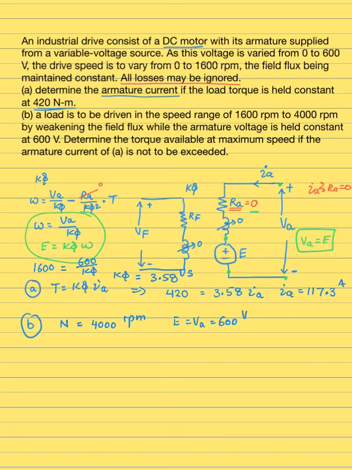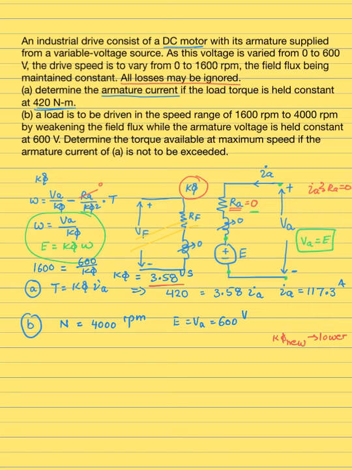Once you make any change on this part, on the field side, the change you will observe is going to be for K phi. So you're going to see a change in K phi's value, and since this is a field weakening method, the new value of K phi is going to be lower than 3.58. So what can we do about it? What are we going to say?